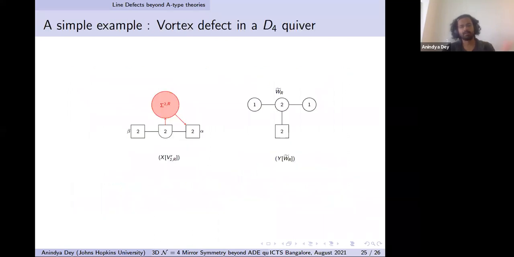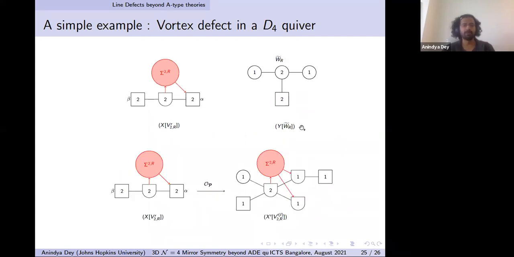All right, and so here is an example of how to realize a vortex defect in a D4 quiver. So you start with a vortex defect in a linear quiver, which is a coupled 3D-1D system. It is dual to a Wilson defect in the corresponding mirror dual.